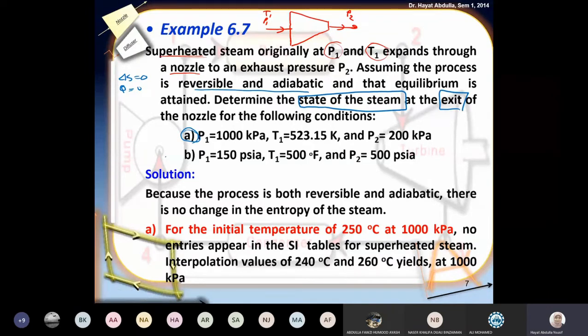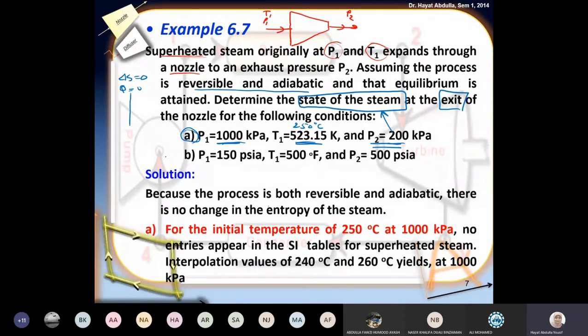Now, with the initial temperature and pressure, the pressure is given as 1000, the temperature is given as 523.15, which is 250 degrees C. Now the point is, at point 2, you only have 1 property. You cannot define the state if you have only 1 property at the outlet.